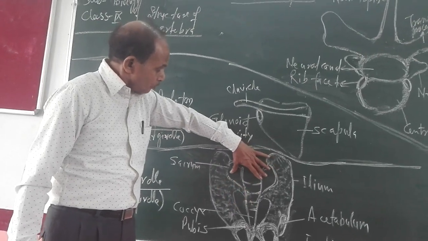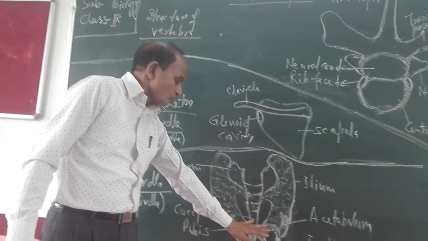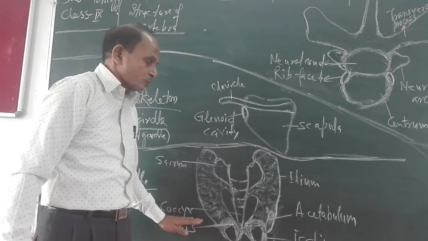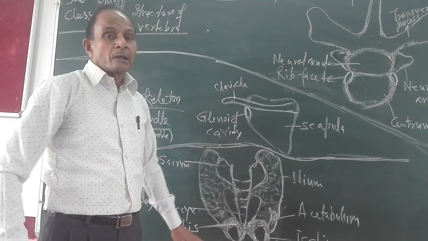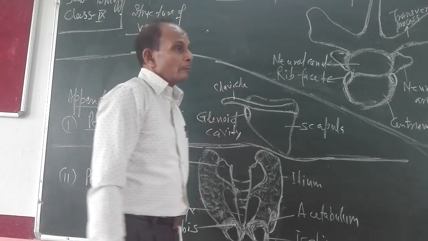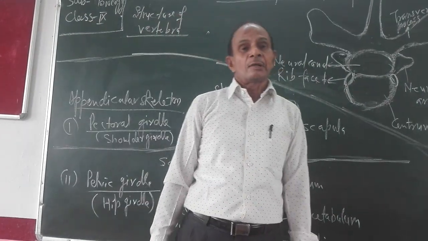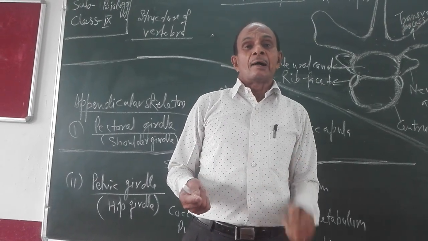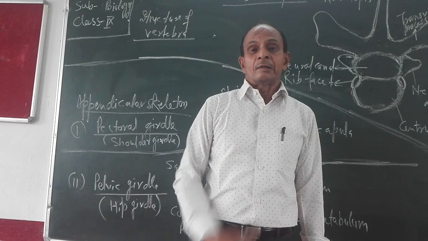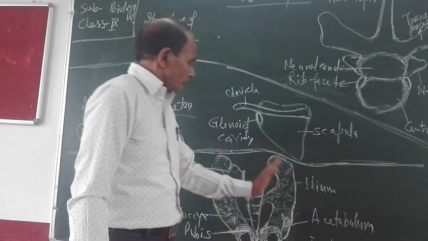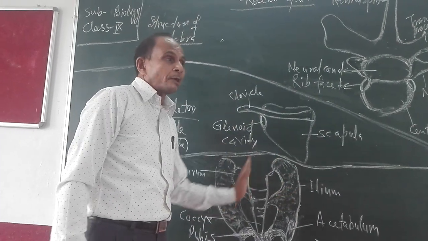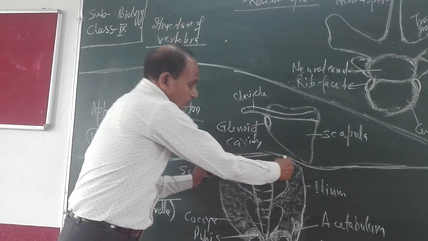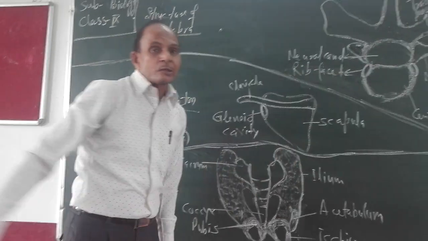Around the combined form of sacrum and coccyx, these three smaller bones are arranged, giving rise to a trough-like structure. Do you know the meaning of trough? Trough means a feeding container from which cows, bulls and buffaloes eat. So these two hip bones, right and left, join to give rise to a trough-like structure.